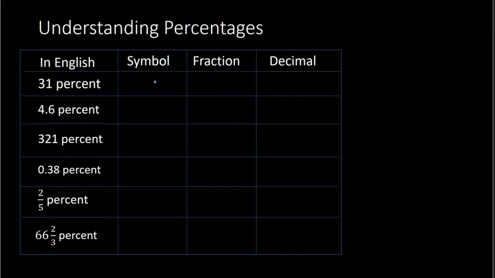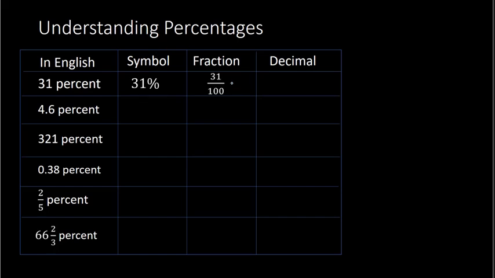So using the percent symbol, we can write this as 31 and then the percent sign after that. So this is 31%. Now remember, percentage means out of 100 or divided by 100. So as a fraction, I can write this as 31 divided by 100.